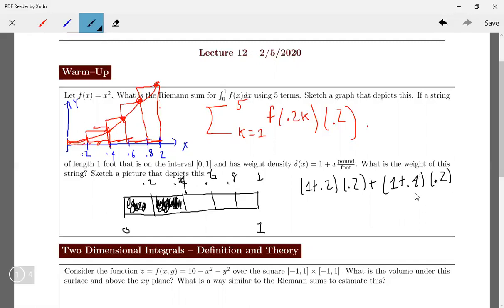This is pounds per foot times feet, so these are pound units, which is what we want. And now approximately the weight of this section right here is going to be 1 plus 0.6 times 0.2. Again, we're treating the density as being constant on this portion, at 0.6.